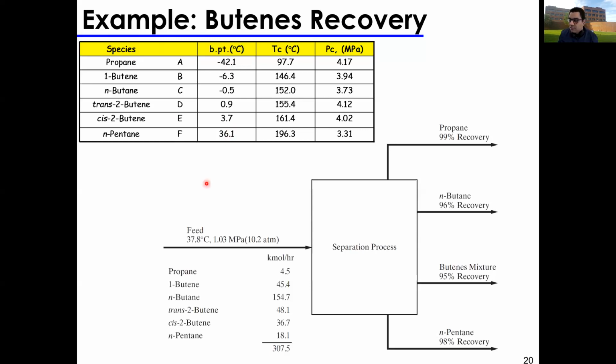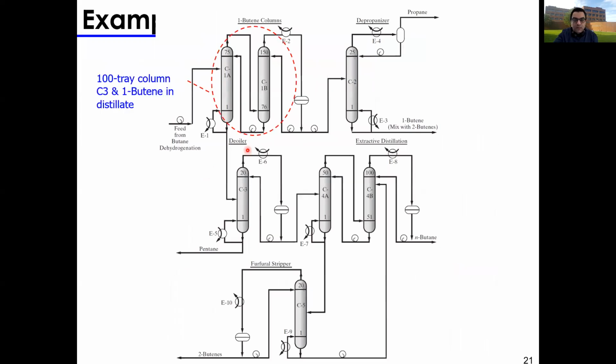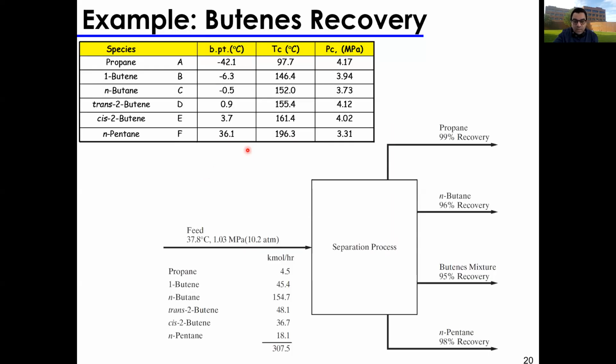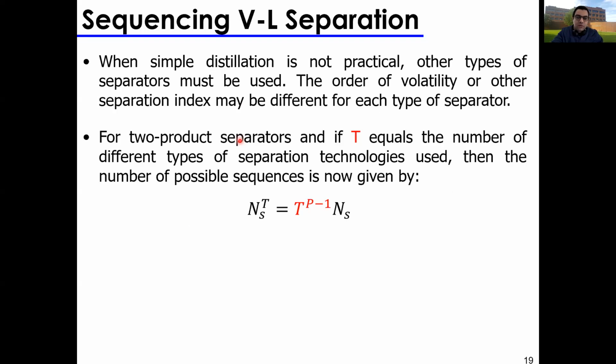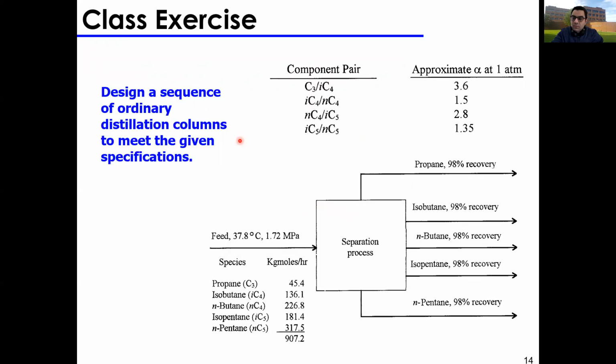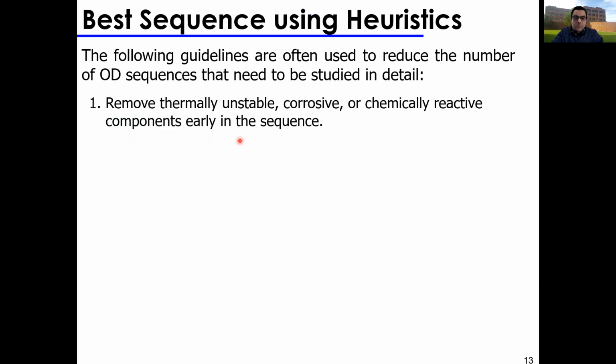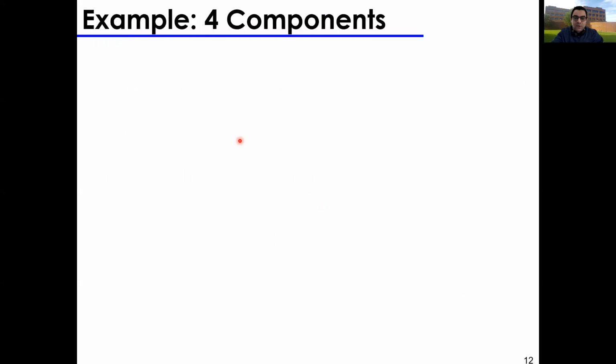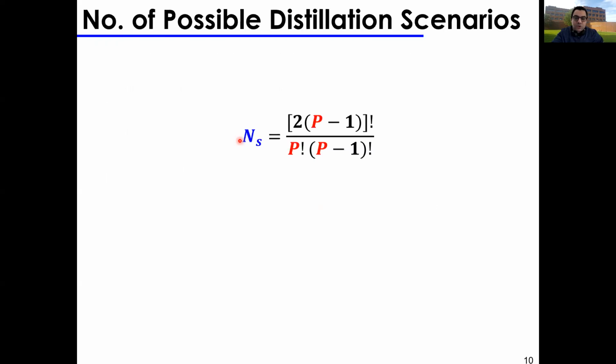And what I'm going to do next, what you should do next, is calculate your relative volatilities. Sorry, let's go back to the equation for relative volatilities quickly, just to see it. So relative volatilities use your vapor pressures, right?